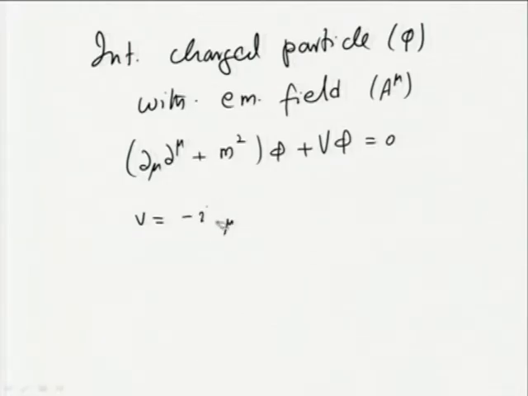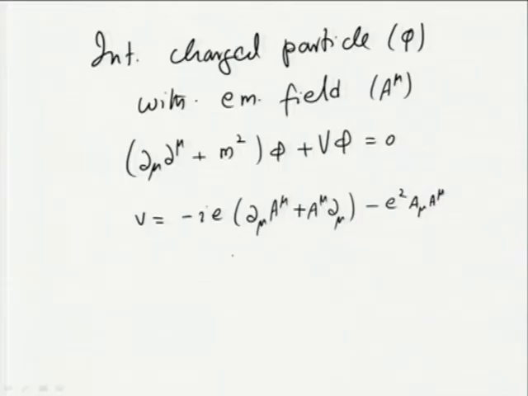which can be written as v equal to minus i e (dou mu A mu plus A mu dou mu) minus e square A mu A mu.